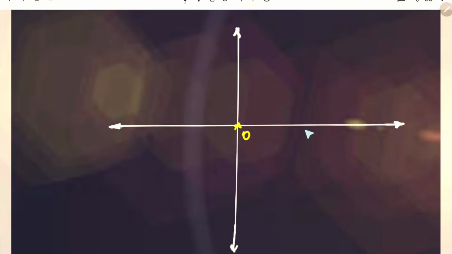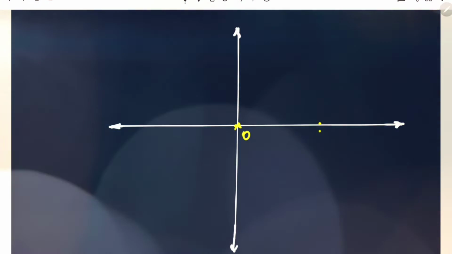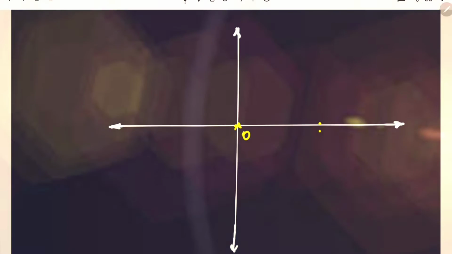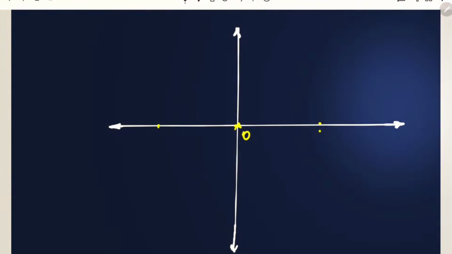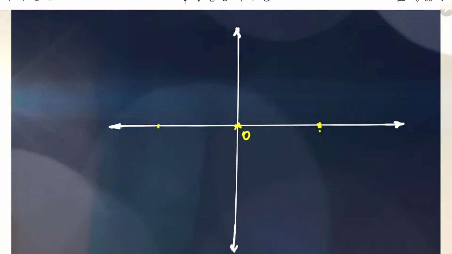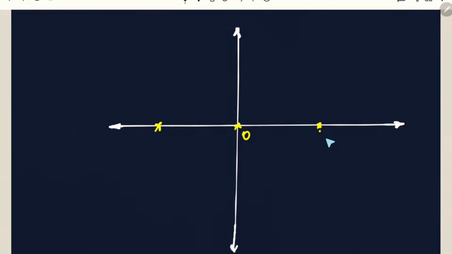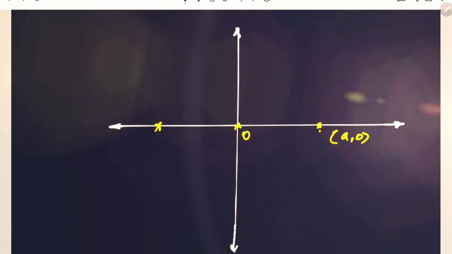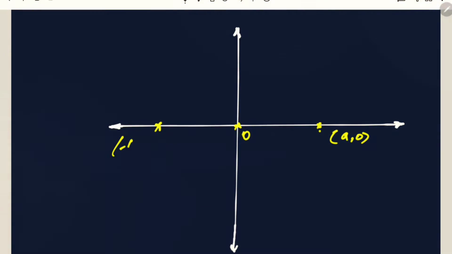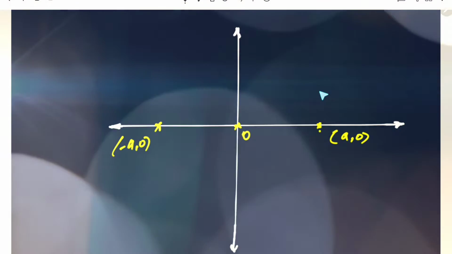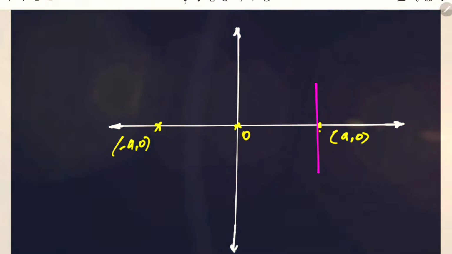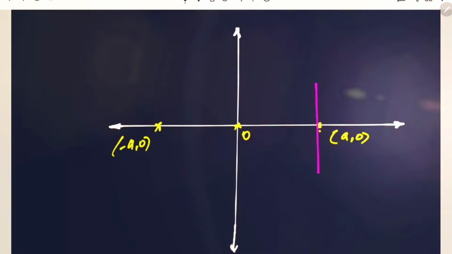Therefore, to trace that curve, we make this x and y axis. Points of intersection are a, 0 and minus a, 0, and the third one is the origin on x-axis. I have shown it in yellow color. These are the 3 points of intersection.